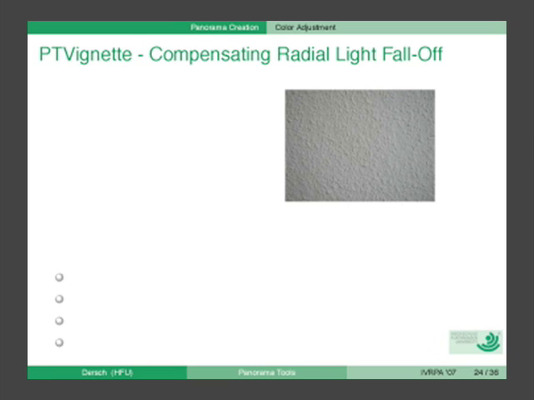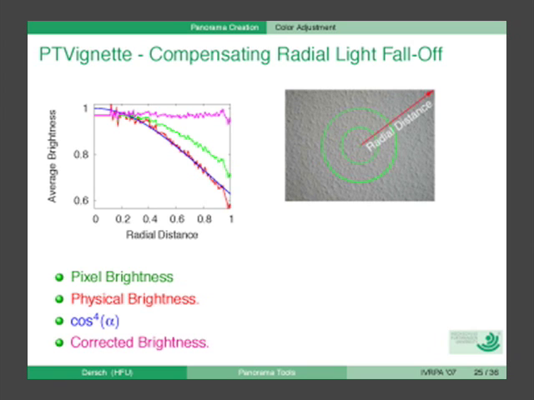We have here a test image of a Lambert light source, which is just a wall, and it is slightly darker in the corners. This is now analyzed by looking at each point in the radial distance from the center and averaging all pixels along this green circle. What we then get is drawn here, the brightness versus the radial distance. The green curve in this graph shows the light fall-off into the corner.